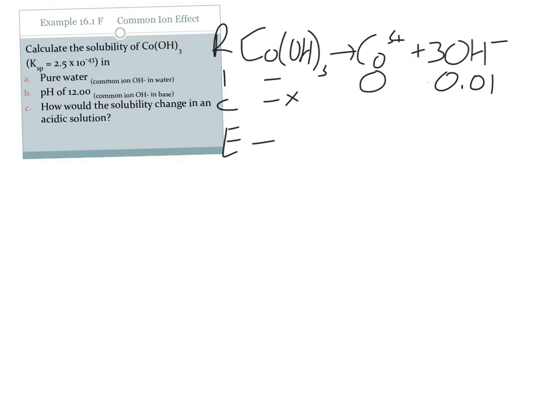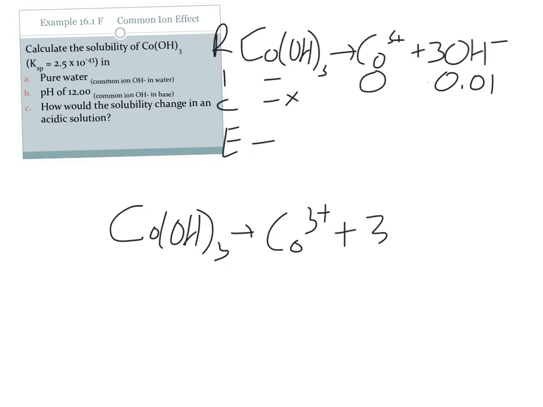And then the third example, how would the solubility change in an acidic solution? This is less of a solubility math problem and more of a Le Chatelier problem. Okay?